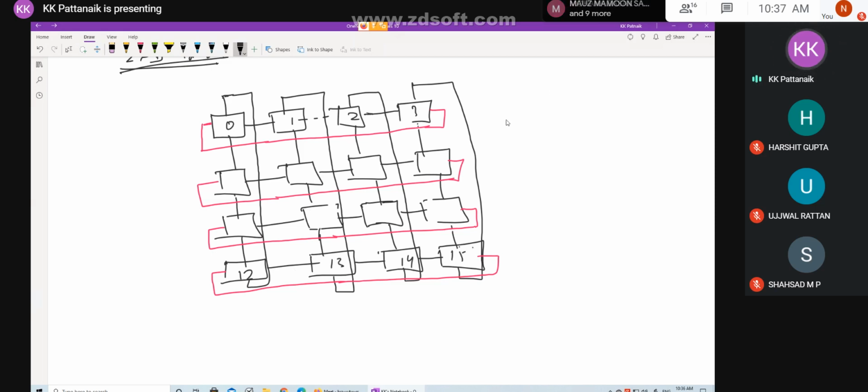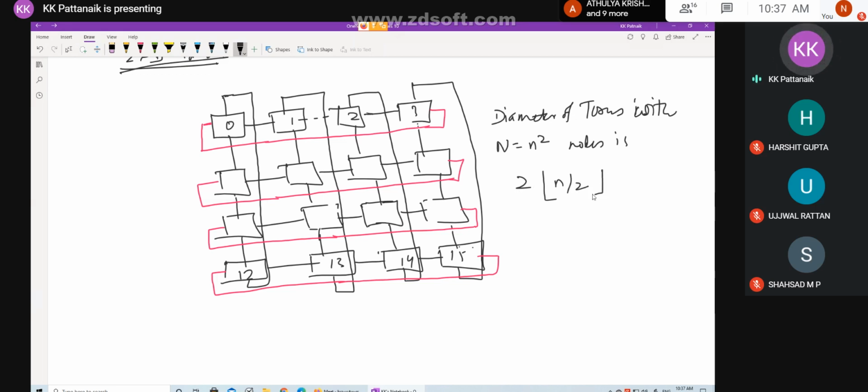Okay, so here the diameter of a torus with n square nodes is 2 times floor of n over 2, which is 2 times 2, equal to 4.